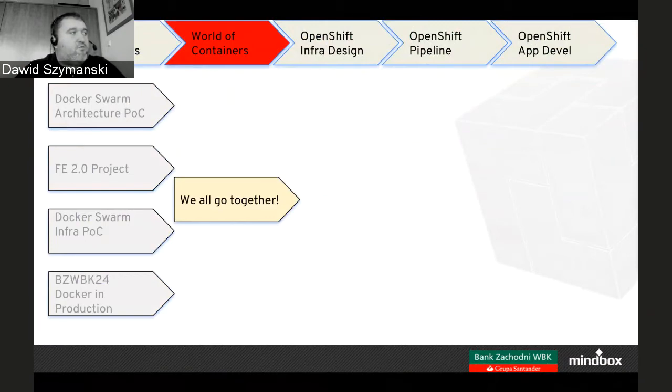So we talked with the business owner of the Frontend to Zero project, and we told them that if you decide to go to the Docker platform, then you will be able to make changes in your application far faster than you were used to in the old IT way. And they decided, okay, let's try it. We had little time for this, so okay, let's try it. So the short decision was, okay, we're going together, business and IT, not IT only, but also with the business application.